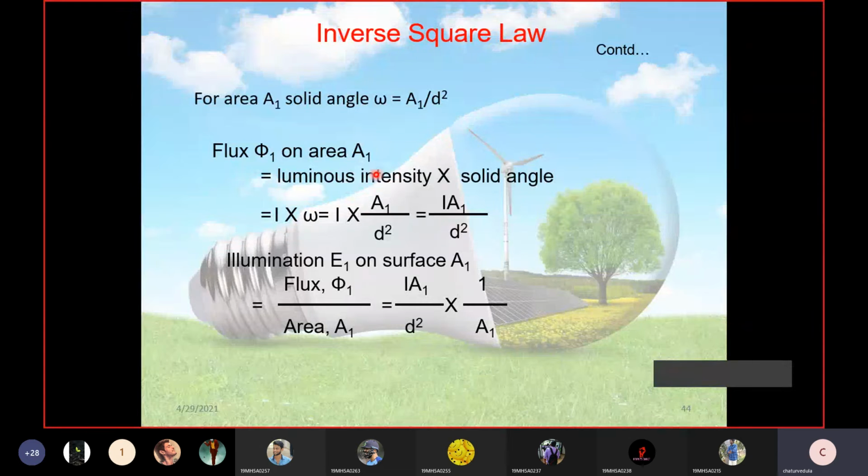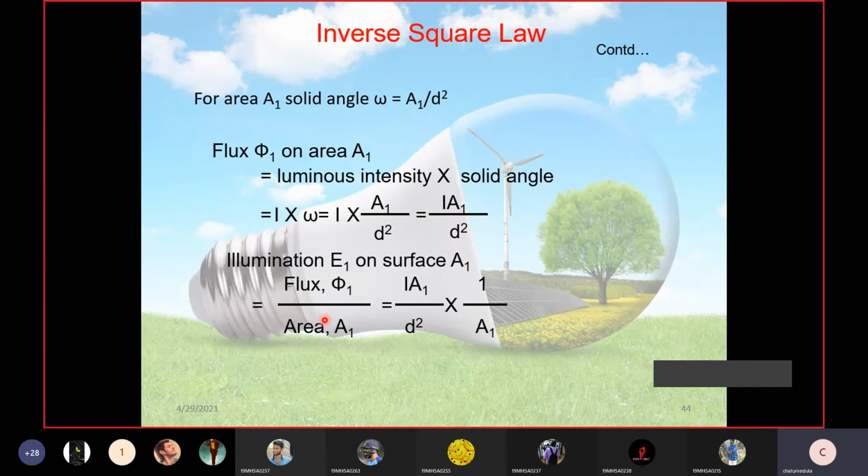So flux is I into A1 by d square. Illumination E is luminous flux per unit area, and since we are considering illumination on surface area A1 only, it is flux by area A1. So IA1 by d square is the flux, and area is in the denominator. Both areas get cancelled, and you get I by d square.